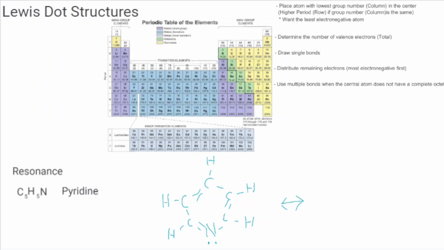But if we were to draw the exact same species, and I'll try to draw it in the same order here, where we have our carbons and nitrogens all arranged the same, I'm going to draw our hydrogens in here as well. Our nitrogen is still going to have a lone pair of electrons.